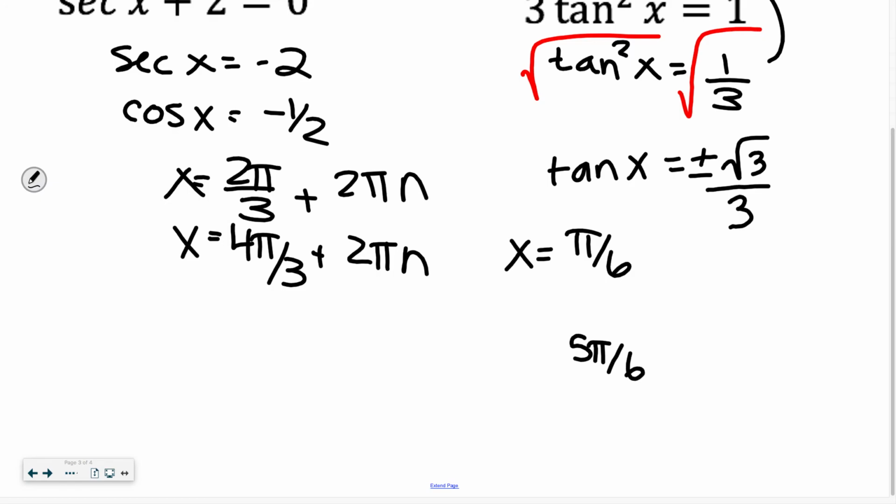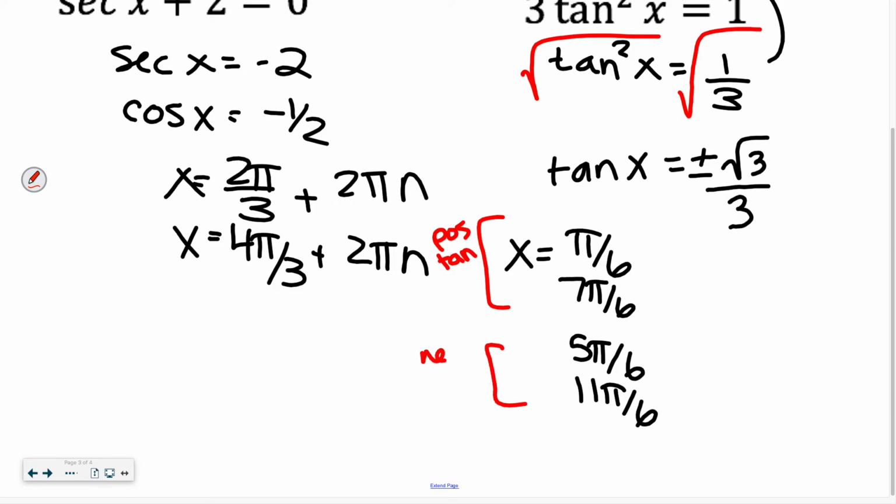The negative would be in quadrant 2, and the other negative will be, of course, 11 pi over 6. Okay, so just so I'm grouping them, these have positive tangent and these have negative tangent. It doesn't really matter if they're grouped in that order, but I just want to point that out, right?